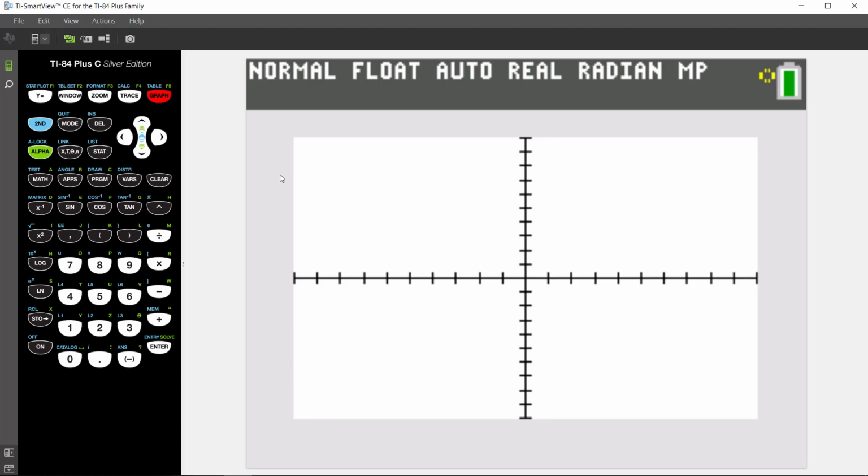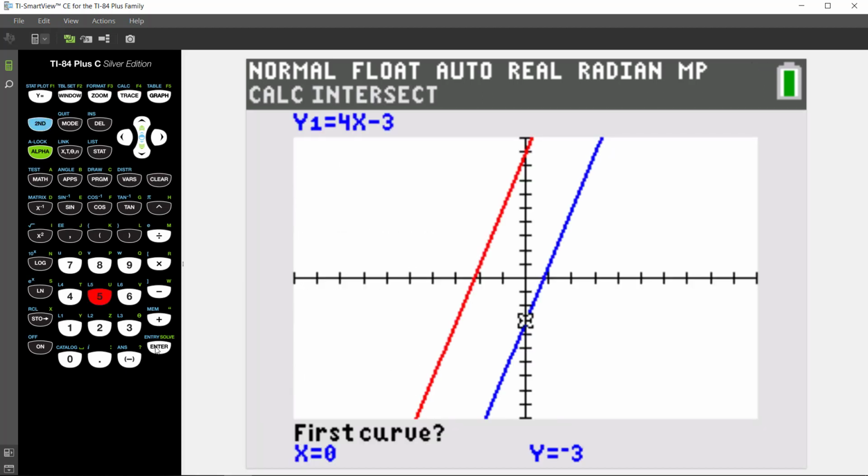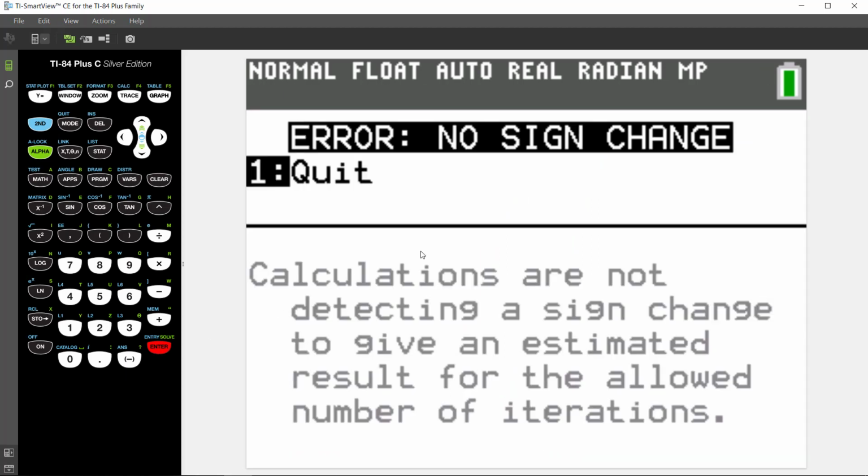I want to look at the graph. They do look parallel. Let's see what happens if I find the intersection. I'm going to hit second, trace, 5, enter, enter, enter. It says no sign change.